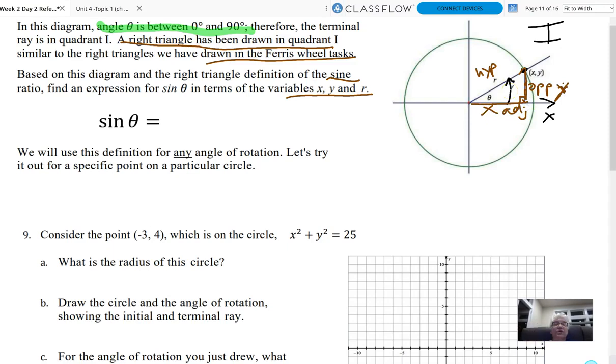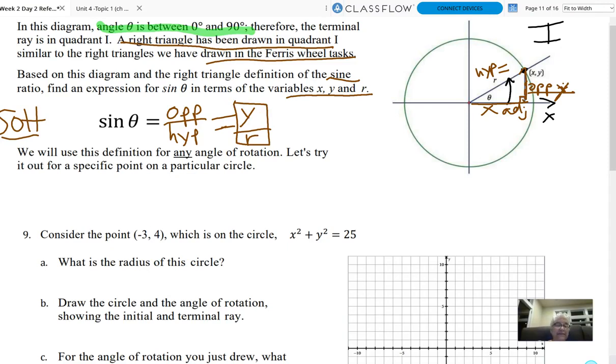So I can do sine theta as opposite over hypotenuse. That comes from the SO in SOHCAHTOA. And now, since opposite is y and hypotenuse is the same as radius, I can say that sine theta is the same as y over r.